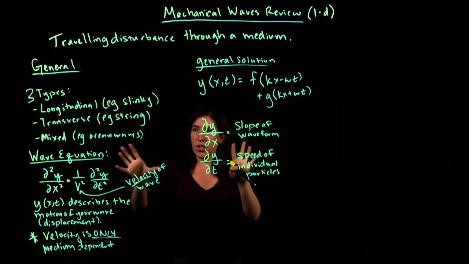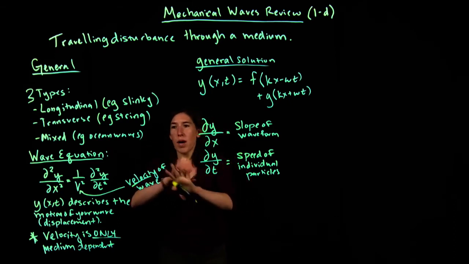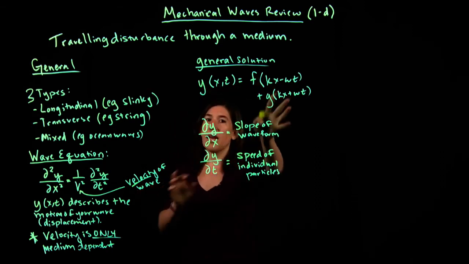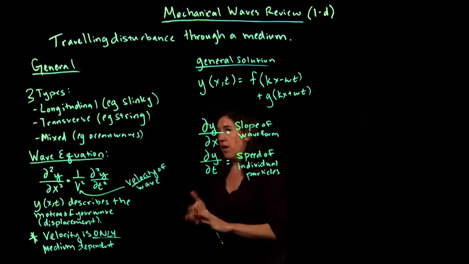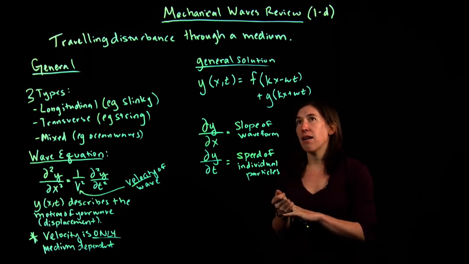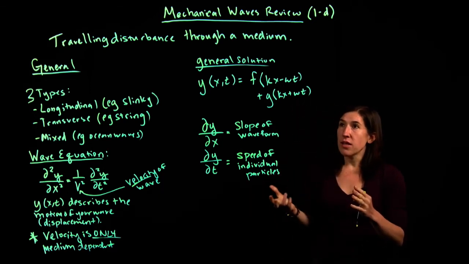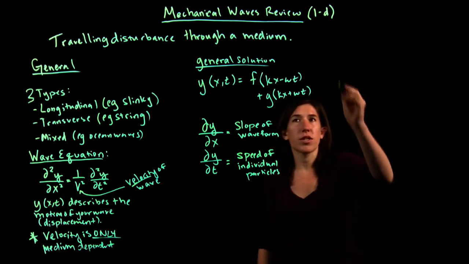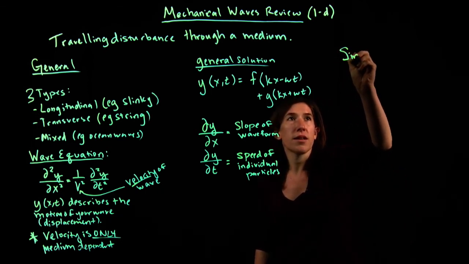And so these are all the general properties of waves very generally. So you could have any wave of any form, and all of these things should apply. Now there's a very particular class of solutions to the wave equation that come up a lot, which are sinusoidal waves.